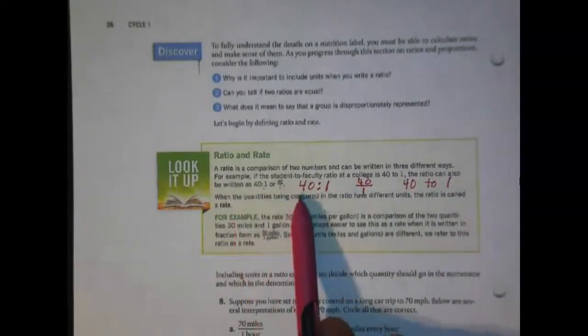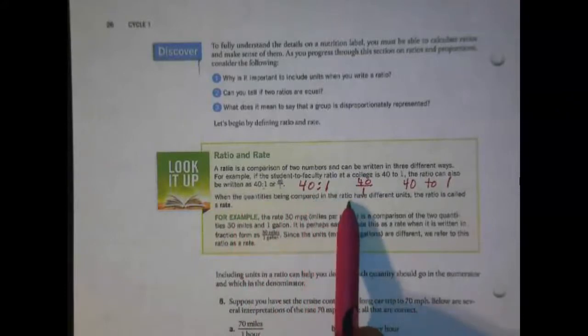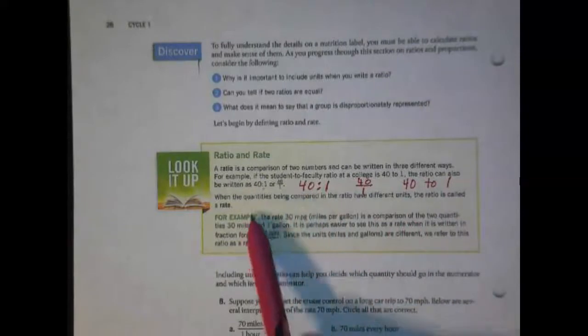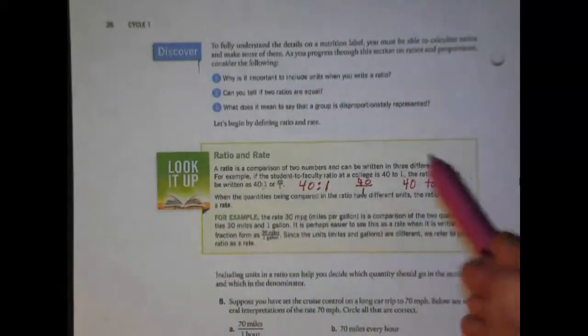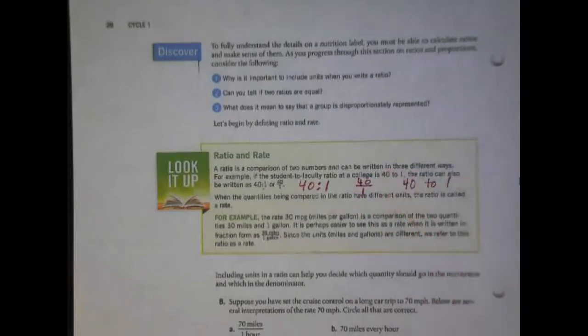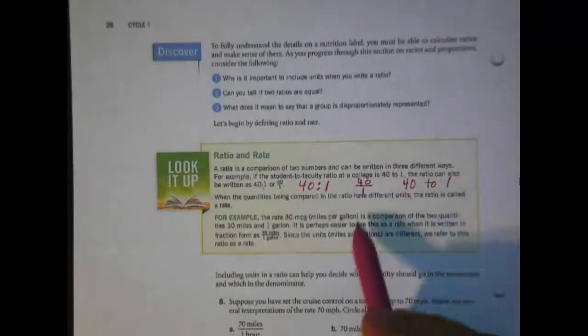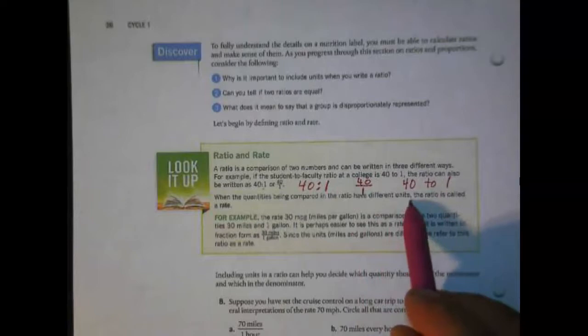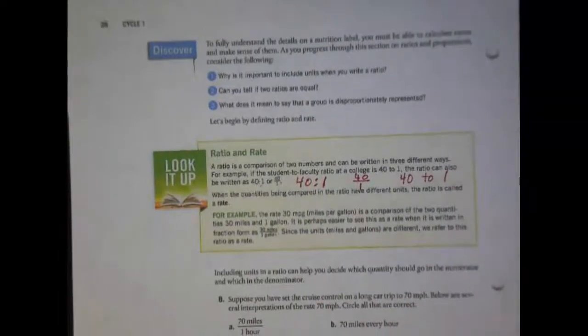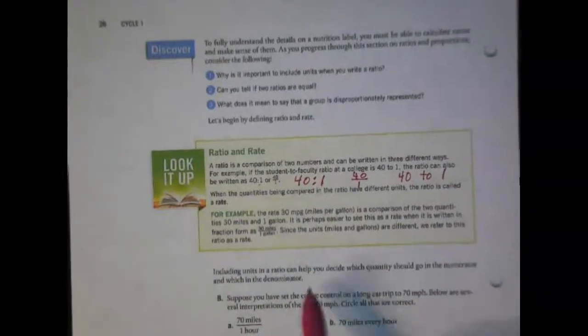If the quantities being compared in the ratio have different units, the ratio is called a rate. Okay, so this ratio is just a fraction. When it has different units, it's called a rate. By the way, if it has same units, it's called the scale, or no units at all.